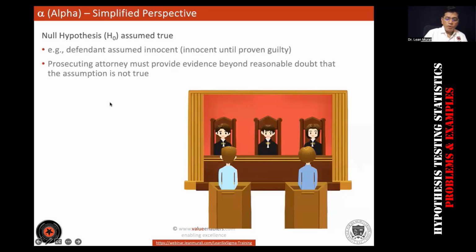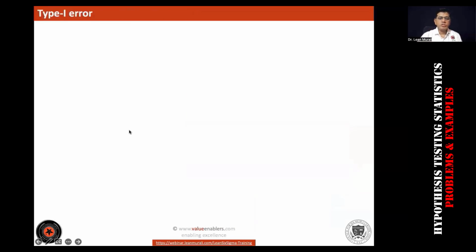So the prosecuting attorney must provide evidence beyond reasonable doubt that the assumption is not true. Now, beyond reasonable doubt means there is always the factor of doubt, which is called alpha. This alpha is called a type 1 error. All of you type alpha is equal to type 1 error.